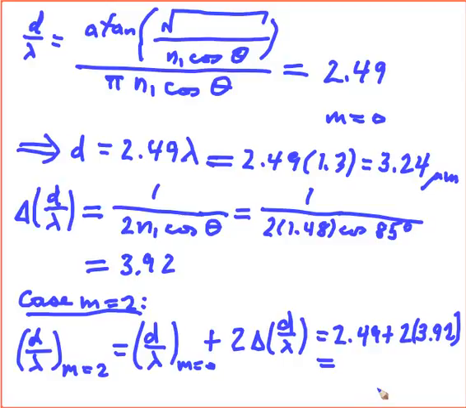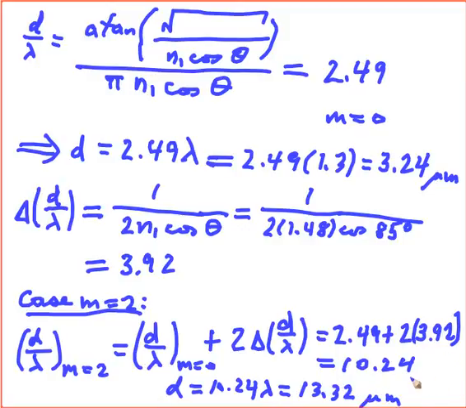This gives us 10.24. And so finally, d for this case is 10.24 times lambda, which comes out to be 13.32 micrometers. Okay, so that's the solution to this problem.